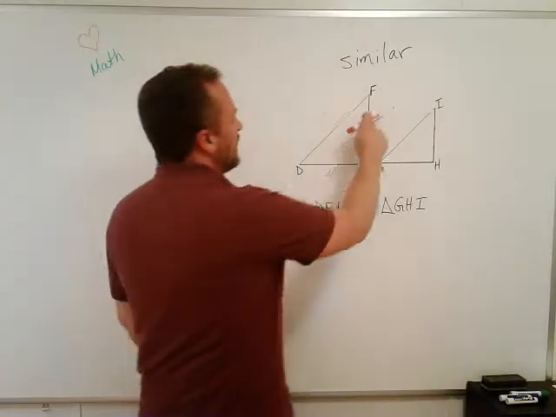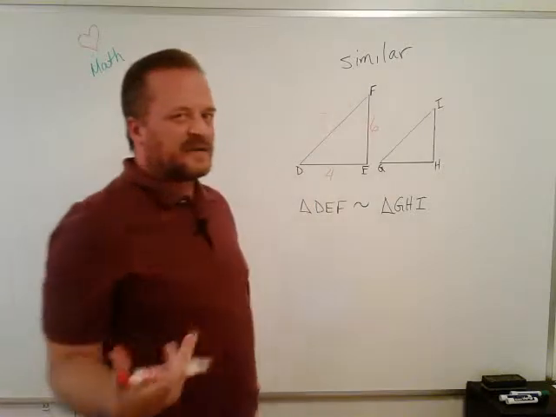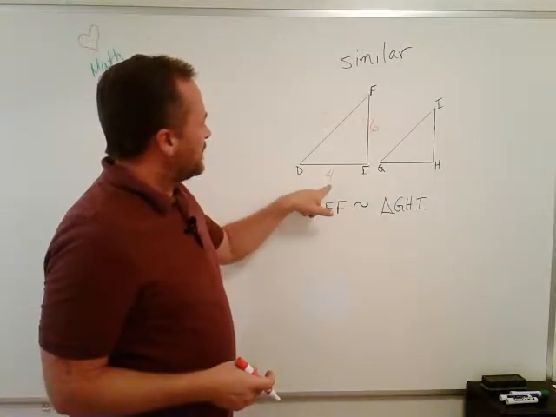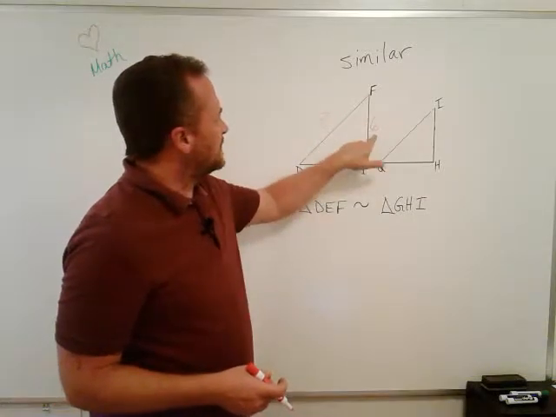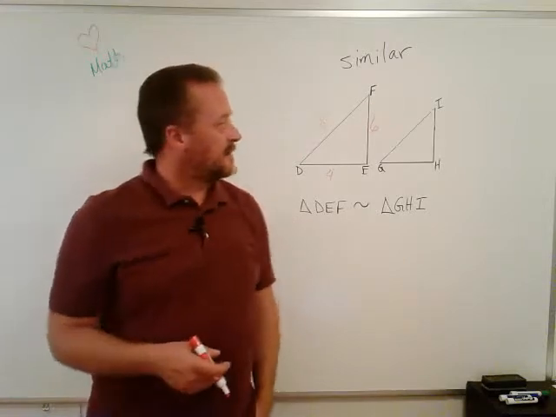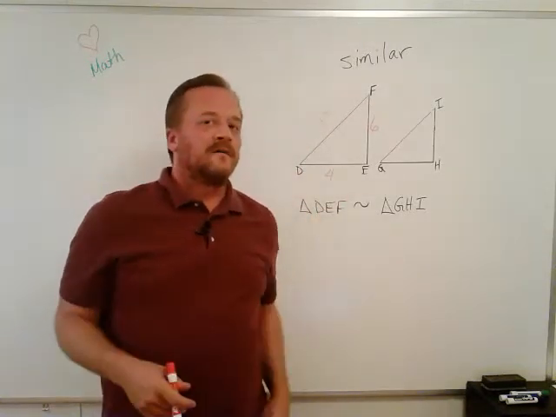Actually, I'm going to change FE to 6 just to make this a little bit of an easier sample. So DE has a measurement of 4, EF has a measurement of 6, and DF has a measurement of 8. That means for that specific triangle, I know all of the side lengths.